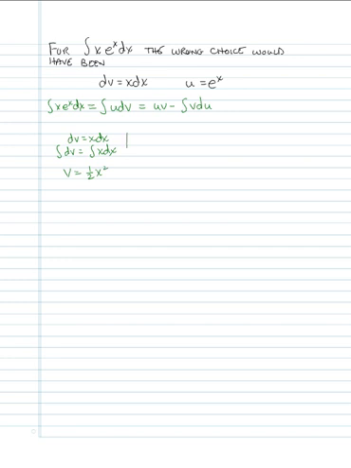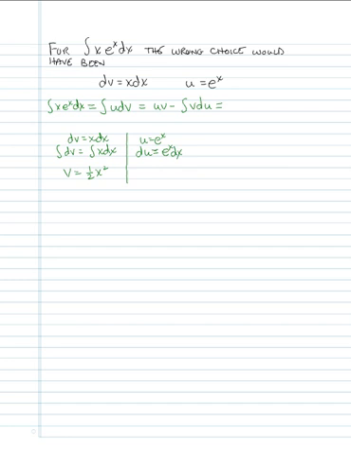Now, on the other hand, if u is equal to e to the x, then it's no problem to find du. That's the derivative of e to the x times dx, which is just e to the x dx. And so we can accomplish finding v and du very quickly, but the problem would be that when we substitute these values back in, our u is e to the x, and our v is 1/2 x squared.